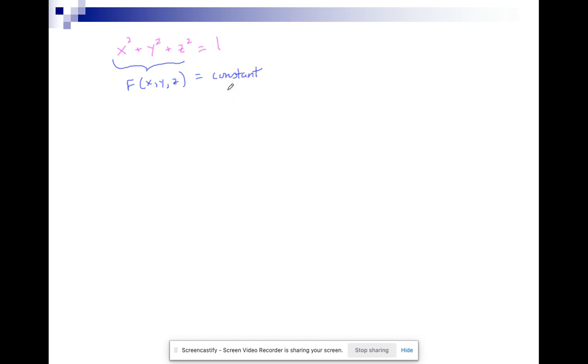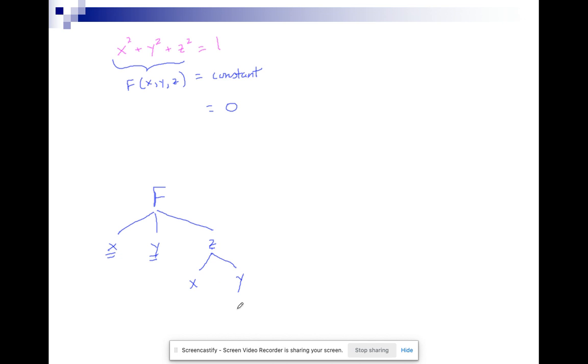So taking the derivative of a constant is going to give me 0. And then I'm going to use my tree. F is in terms of x, y, and z. Now we have 3 variables. We're going to choose one to be the dependent one. I'm going to choose z to be dependent, right? So these are my 2 independent ones, so I can kind of stop there. But z, we're going to say, is holding the place for a function in terms of both x and y.